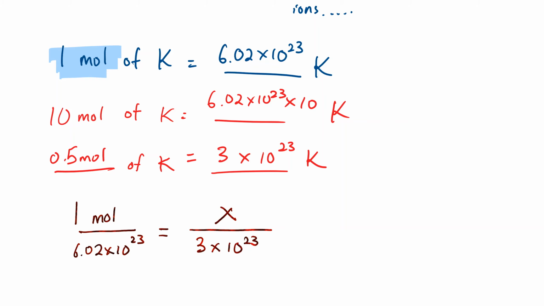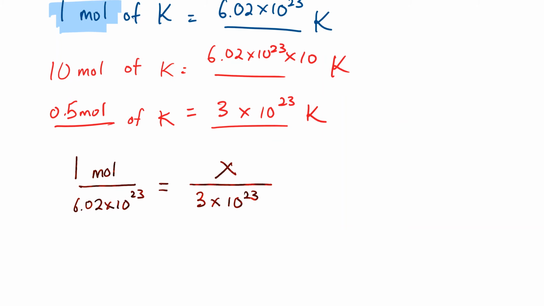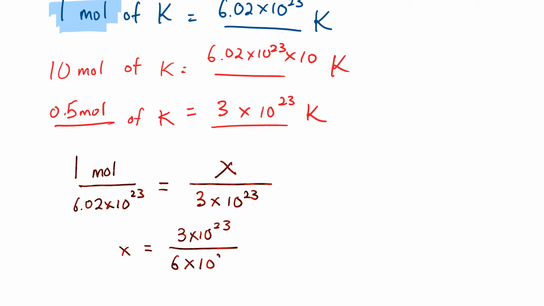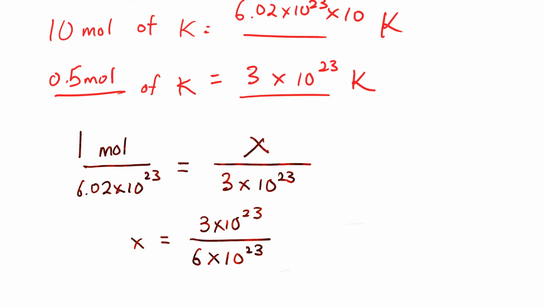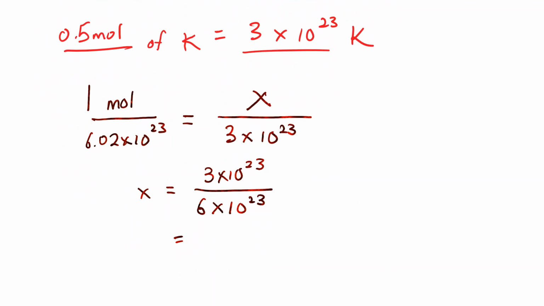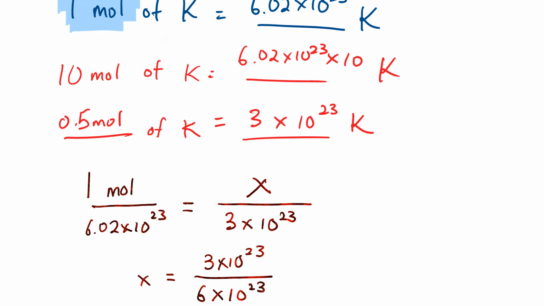So you set it out as a ratio, do cross multiplication, and then x will just be 3 times 10 to the 23 divided by 6.02. I kind of simplified 6.02 to 6. So you can see that this math is just 0.5, because 3 is half of 6. So the number of moles must be half as well.